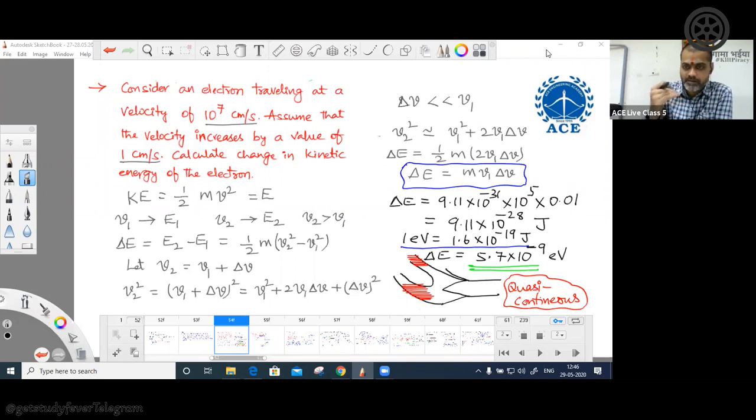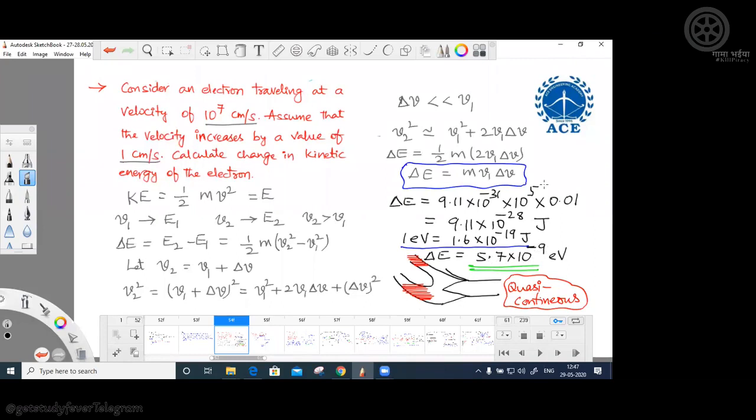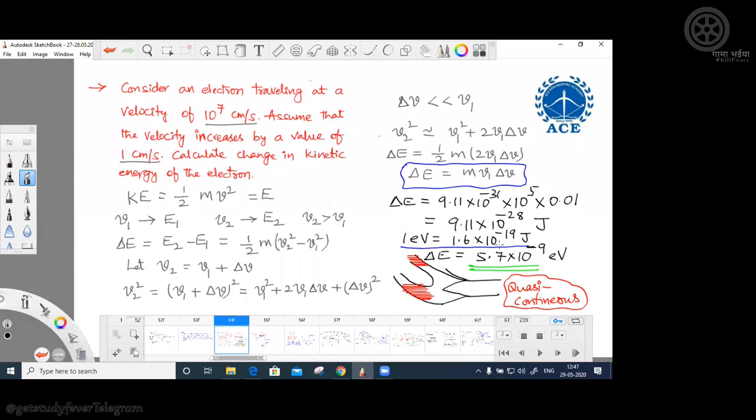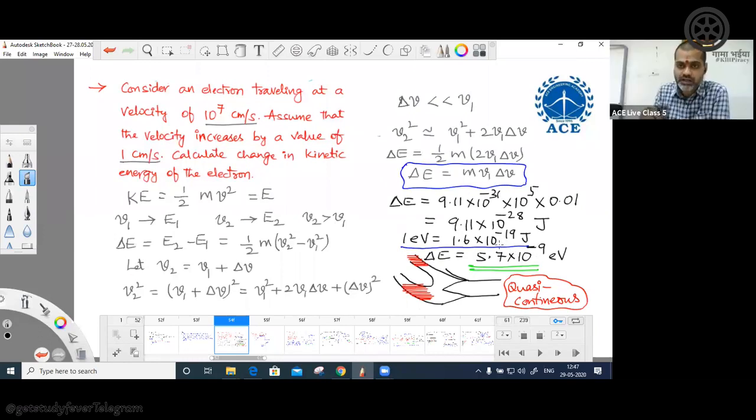But here you can see the change in energy we got is 5.7 times 10 power minus 9, and an electron volt is of the order 10 power minus 19. So what is the order of difference here? 10 orders. Even though maybe for us it is small, when you compare one energy level with another, this is a larger value.